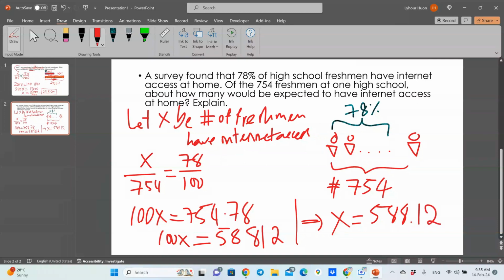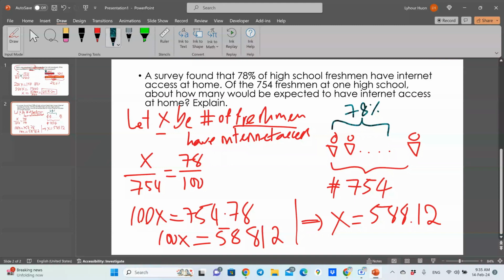Is that the actual answer? I'm a bit confused. Okay, this is the answer from the calculation, but can we give this as the answer? Because x is freshmen. Freshman is a person, right? Can we give this as a number of people? No, we can't.